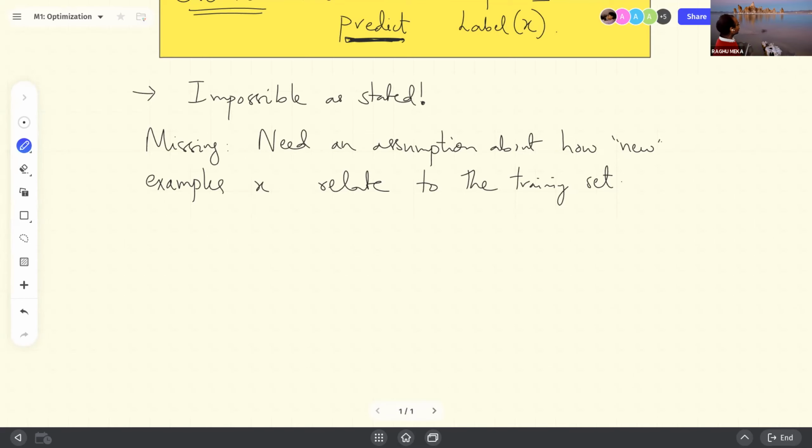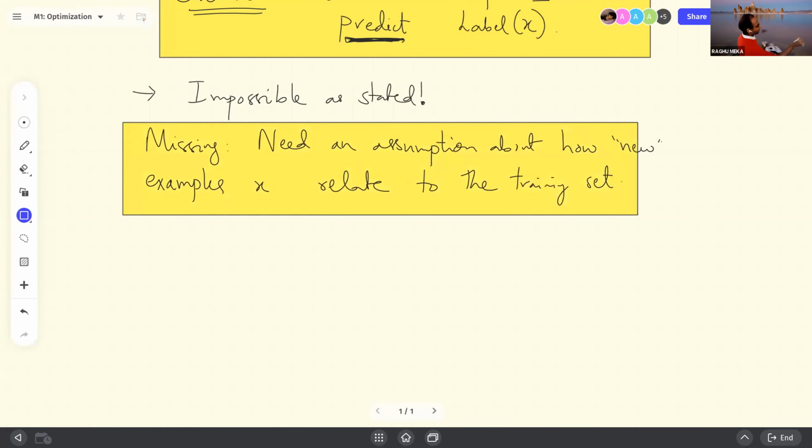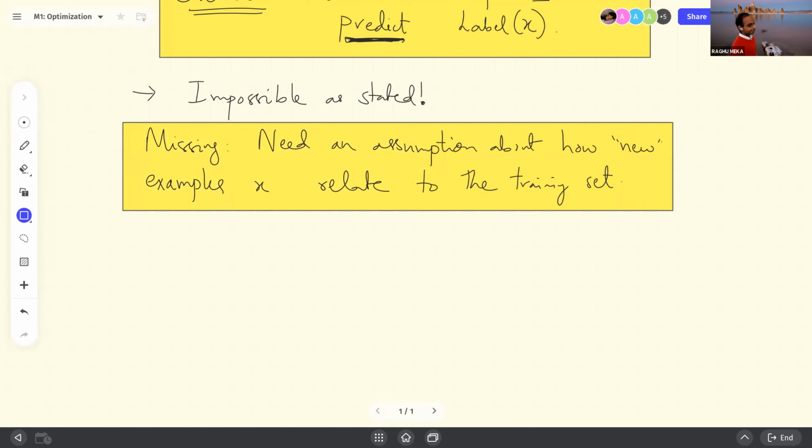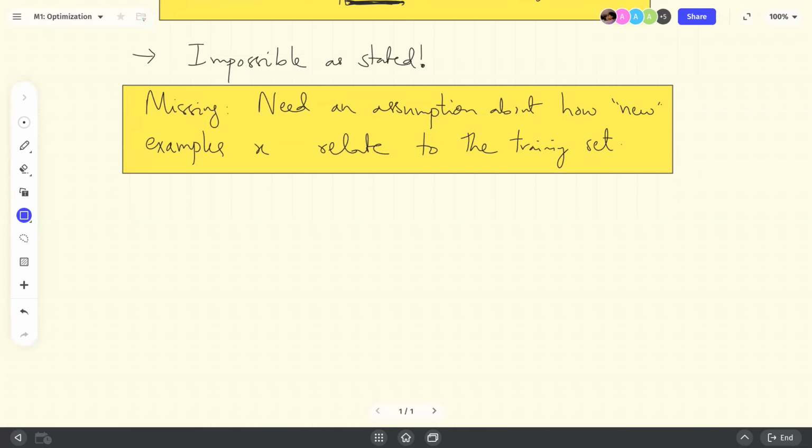And how do I model this relation? What's a nice way to model the relation between the two? Do we claim they come from the same distribution? Exactly. All of this is leading you to the most fundamental model that underlies most of machine learning.